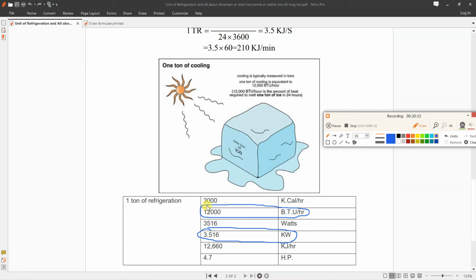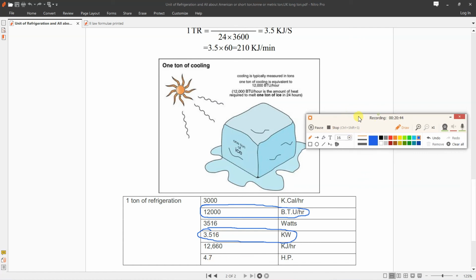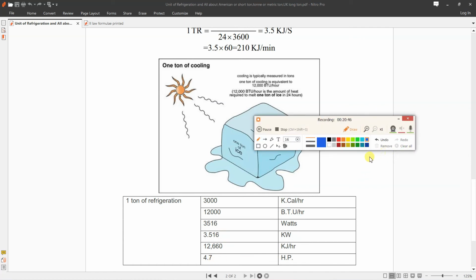If you check the indoor unit, and if your air conditioner is of 1 ton, you will find it written over there, 1 ton and 12,000 BTU per hour. Then 1 TR is also equal to 12,660 kilojoule per hour. This is one more unit, and also 1 TR is equal to 4.7 HP. So these are the different conversions of 1 ton of refrigeration.